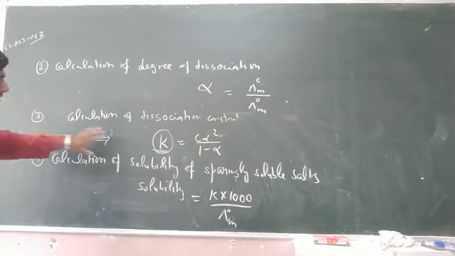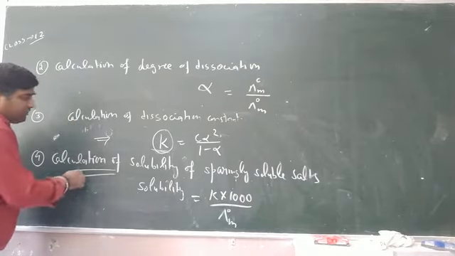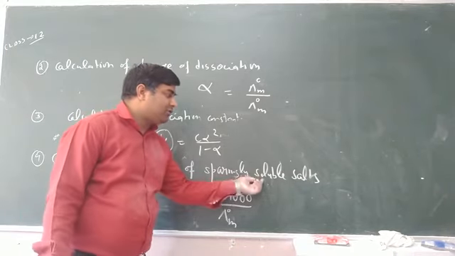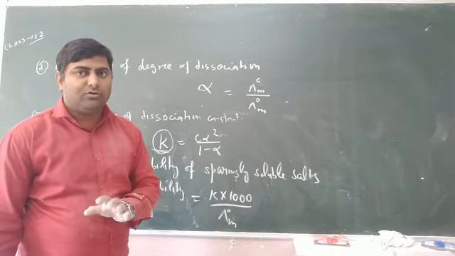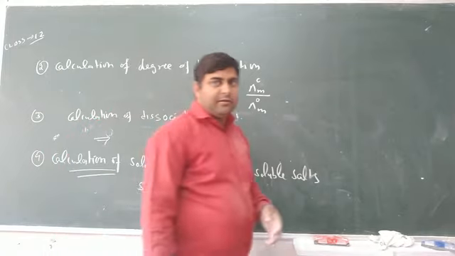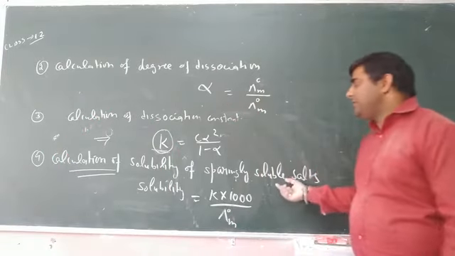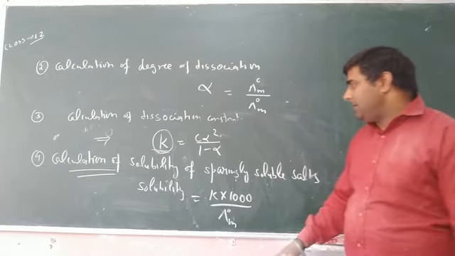After calculating K, the next very important application is calculation of solubility of sparingly soluble salts. Sparingly soluble salts are those salts which do not get dissolved easily. So their solubility can also be calculated by applying a very simple formula.